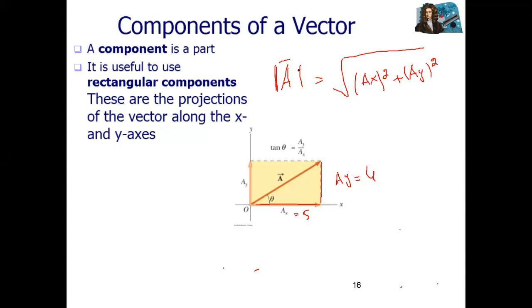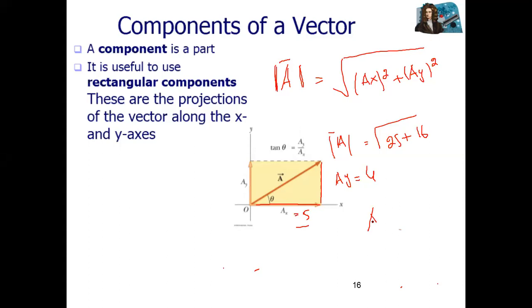It means length, distance. It's always positive. So the magnitude of A is equal to what? What is AX squared? The x component is 5, and taking the square of that gives 25. What about AY? AY is 4, and its square is 16.